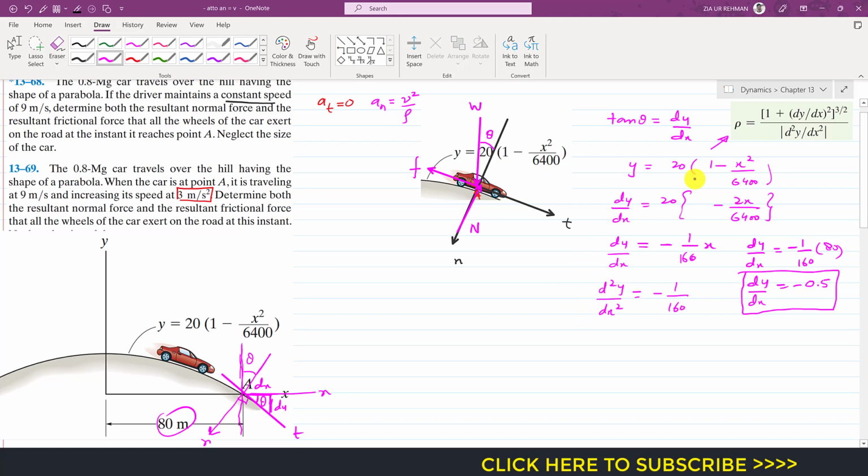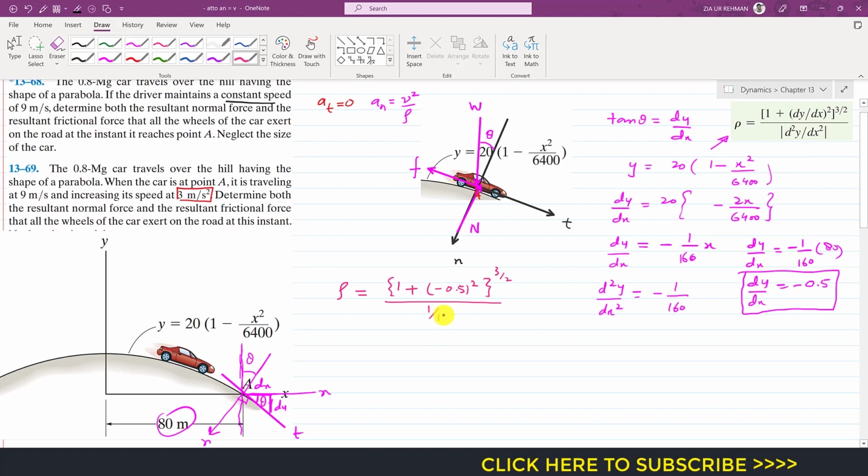Now we can find the radius of curvature by using this equation. The radius of curvature rho is 1 plus the square of dy by dx, to the power 3 divided by 2, divided by the absolute value of the second derivative. So dy by dx at x equals 80 is minus 0.5, so I will write minus 0.5 squared. The absolute value of the second derivative is 1 divided by 160.